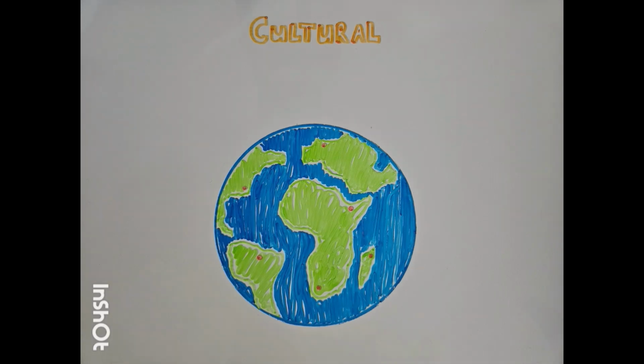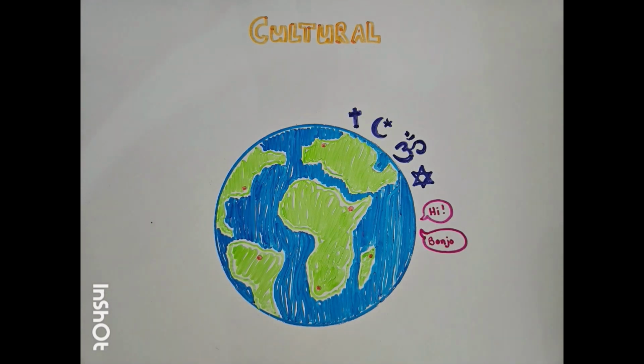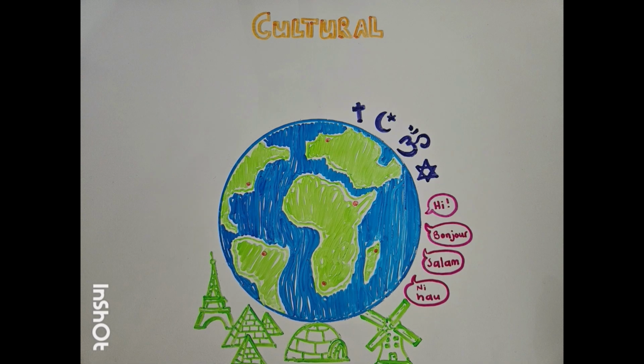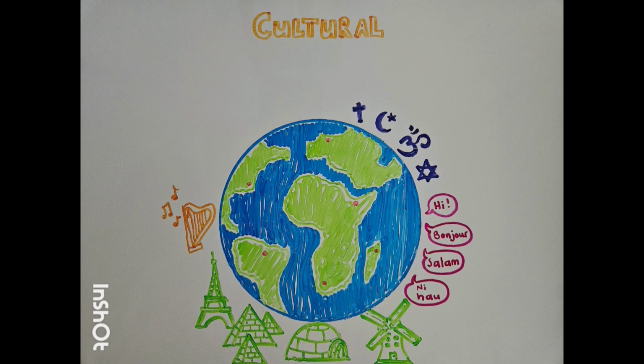From country to city to suburbs, there are different factors that shape the people there. Examples being different religions, different languages, different types of architecture and history, and different types of arts, such as music, paintings, television series, and theatre.